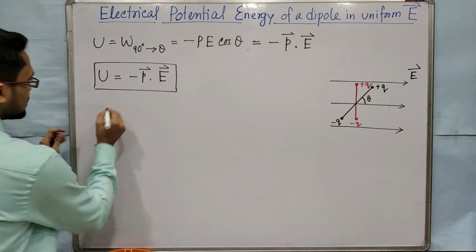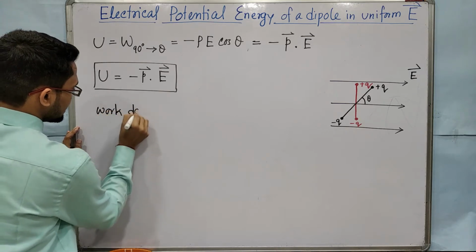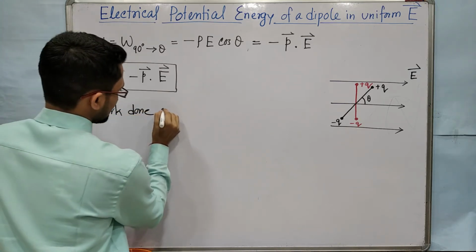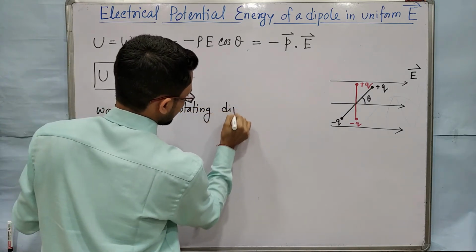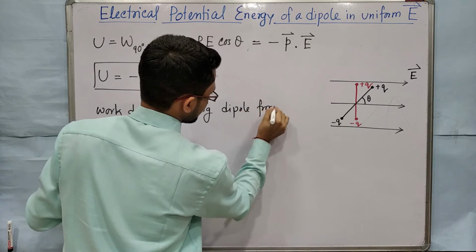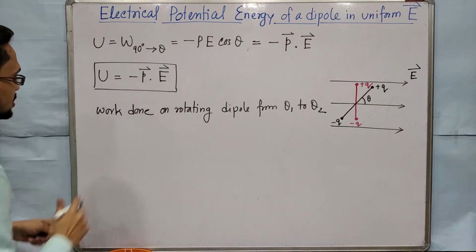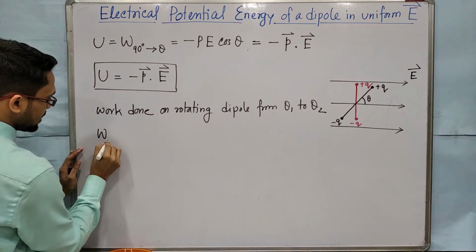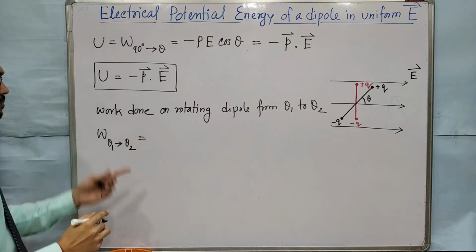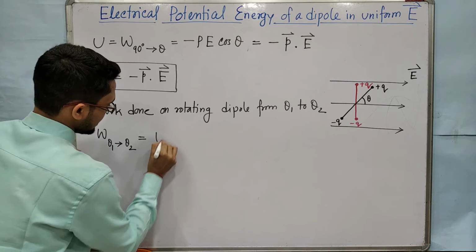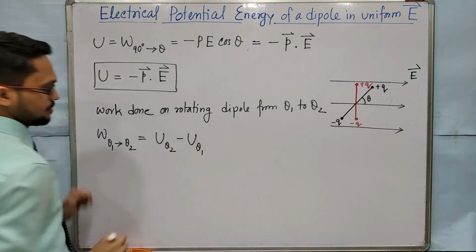So the work done on rotating the dipole from theta 1 to theta 2 is the final potential energy, U theta 2, minus the initial potential energy, U theta 1.